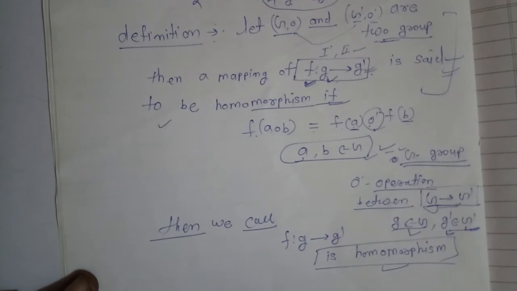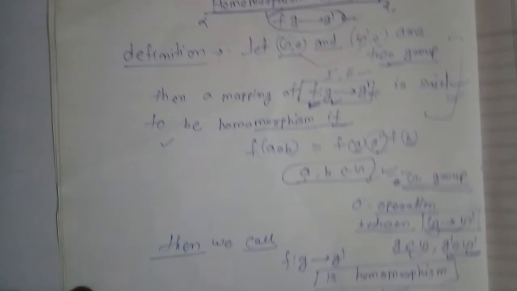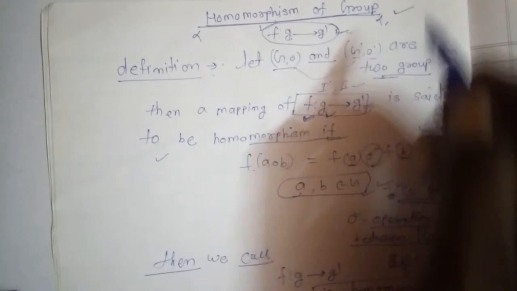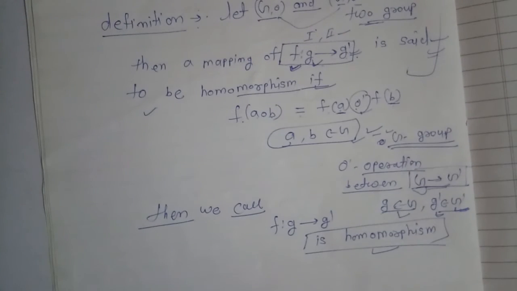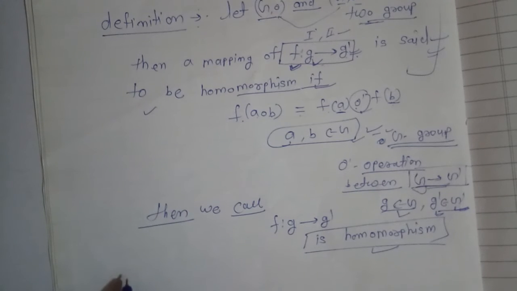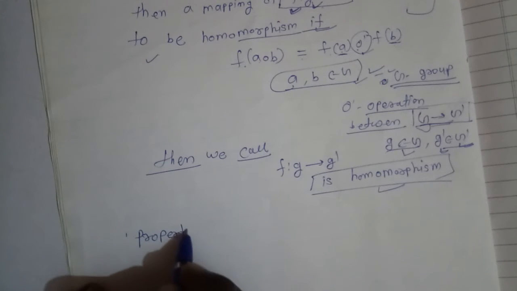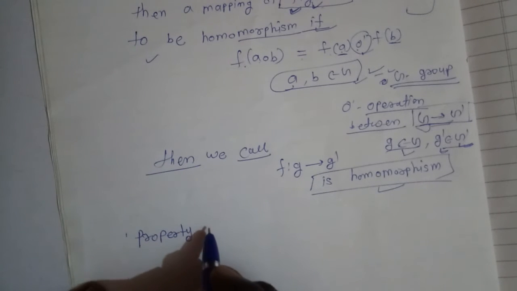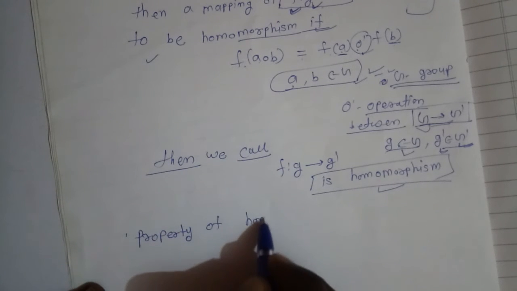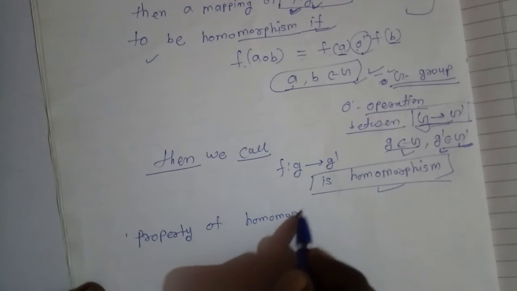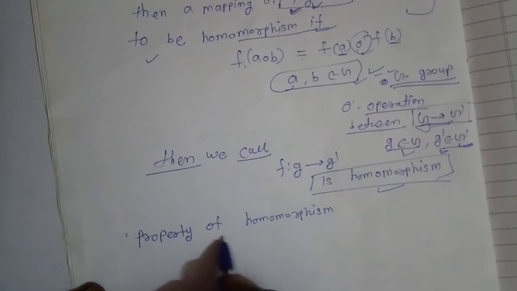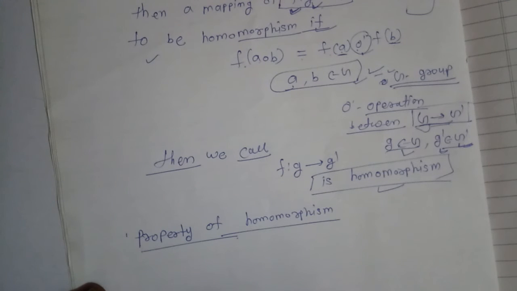Okay students, so this is the definition for the homomorphism of a group. Next, properties of homomorphism. Next, let's see.